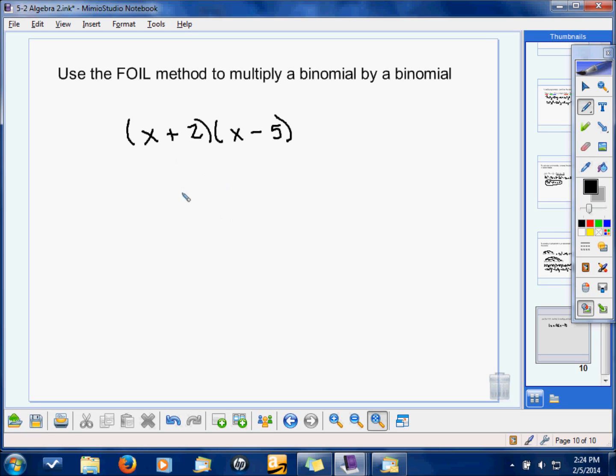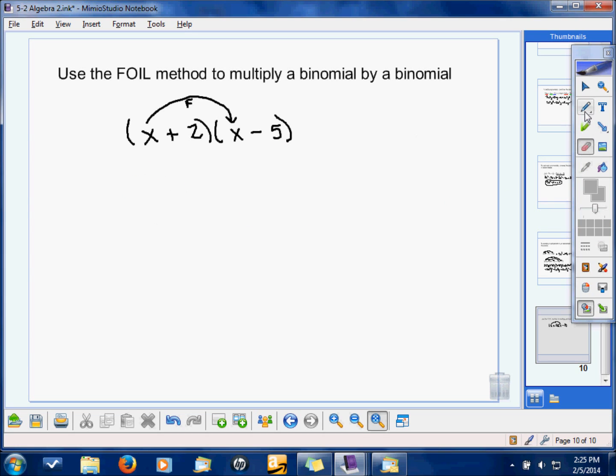Now, the FOIL method means that you're going to take the first terms and multiply them together. Okay, so look at this. I've got the first terms. I'm going to multiply them together. X times x is x squared. There's the first terms. Actually, I might want to give myself a little bit more room here.